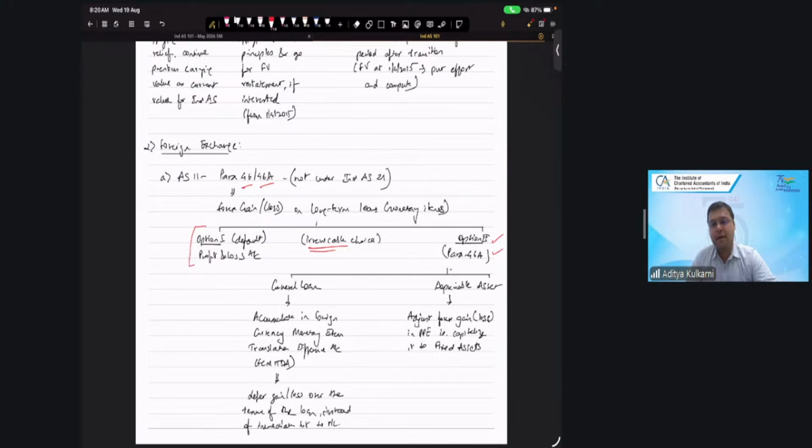Now, what does para 46A tell? Para 46A tells us that if you have taken a general loan, not for any asset acquisition or asset construction, say a working capital facility, then for the currency fluctuation you would have passed the entry: Forex loss debit to external commercial borrowing, with the loss going to the P&L account.